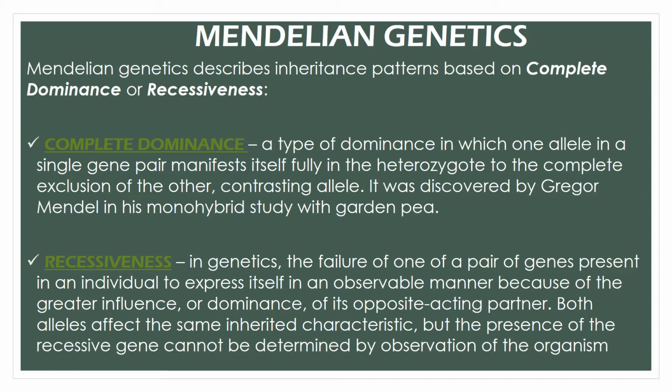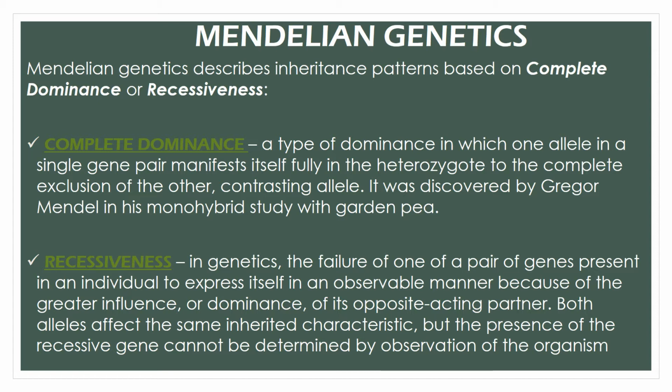Complete dominance is a type of dominance in which one allele in a single gene pair manifests itself fully in the heterozygote to the complete exclusion of the other, contrasting allele. It was discovered by Gregor Mendel in his monohybrid study with garden peas.